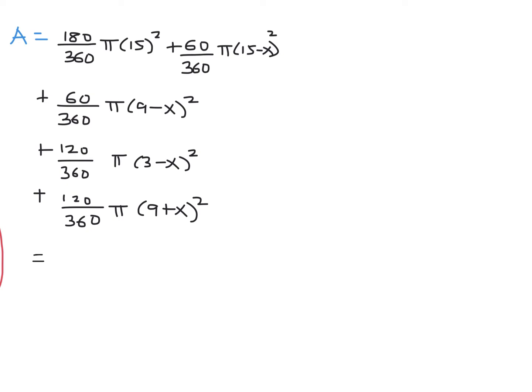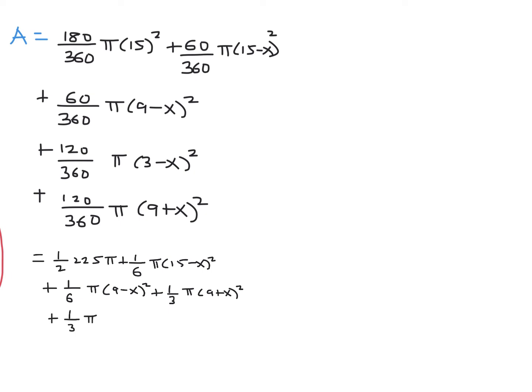So we're going to have 1/2 225 pi plus 1 over 6 pi times 15 minus x squared plus 1 over 6 times pi 9 minus x squared plus 1/3 pi 9 plus x squared, and finally 1/3 pi 3 minus x squared. I think I jumped over one, but it's all the same.